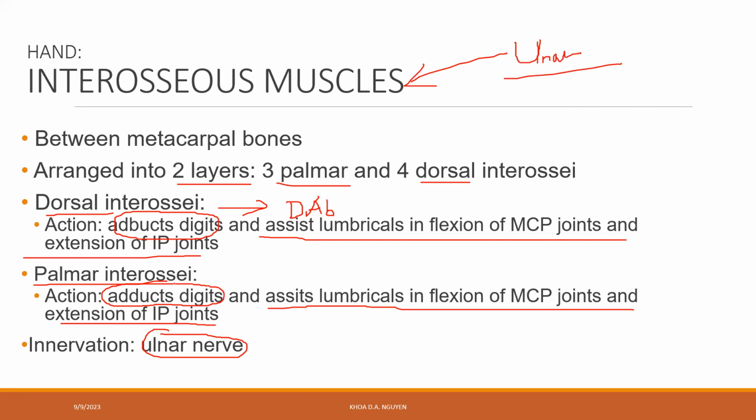One last thing before we move on. The palmar interossei adduct the digits, so what do we have? PAD. So a mnemonic for you to remember the action of the dorsal interossei and how it's different from the palmar interossei is DABs and PADs.